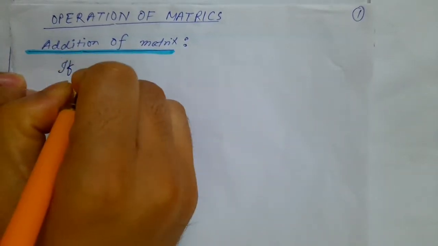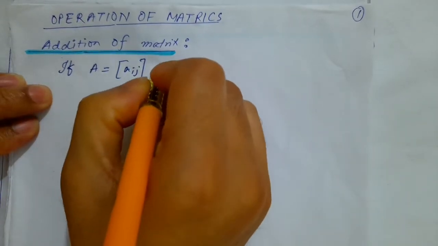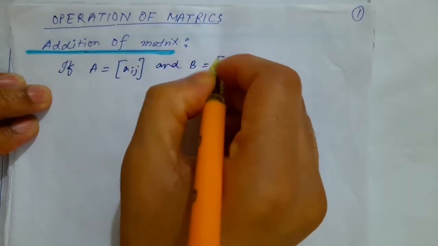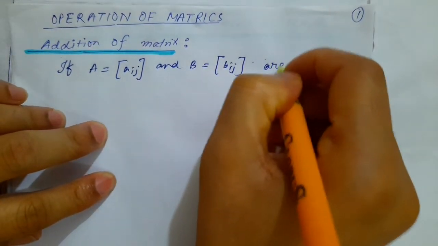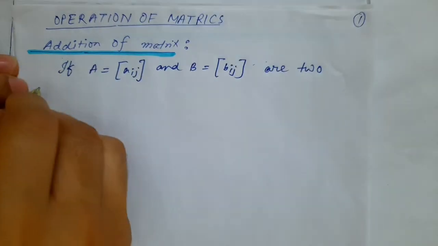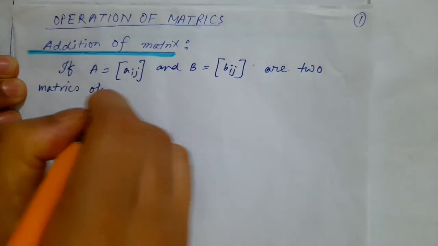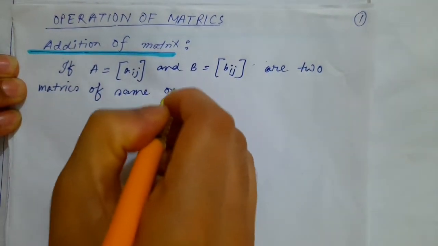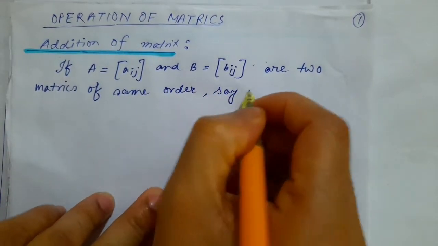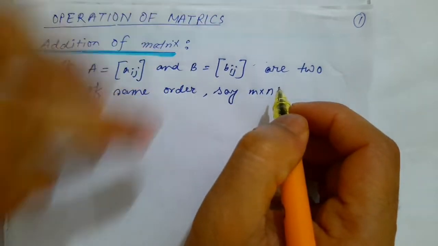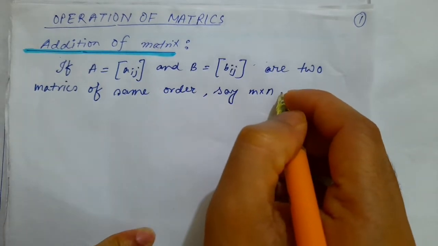If A equal to Aij and B equal to Bij are two matrices of the same order, say M by L, that is, the order of both the matrices is the same, M by L.